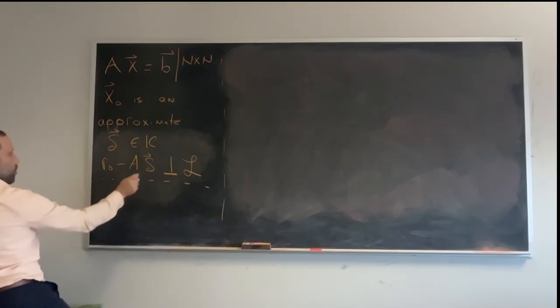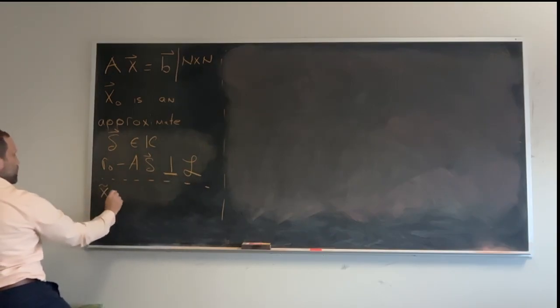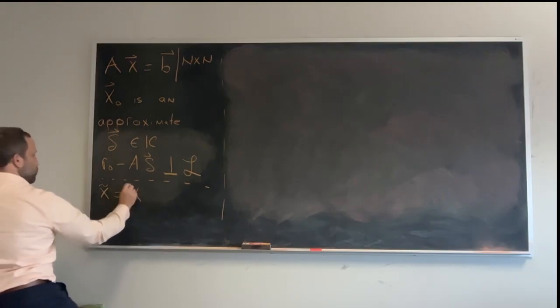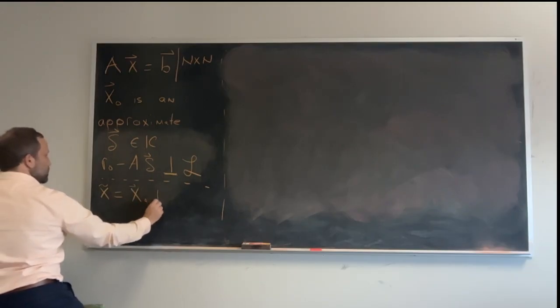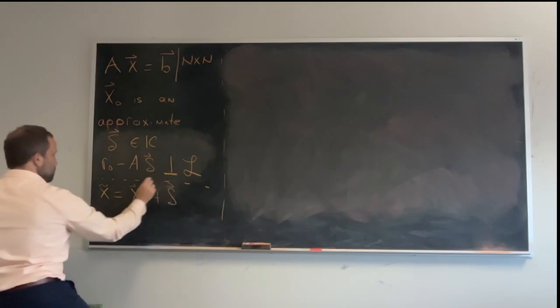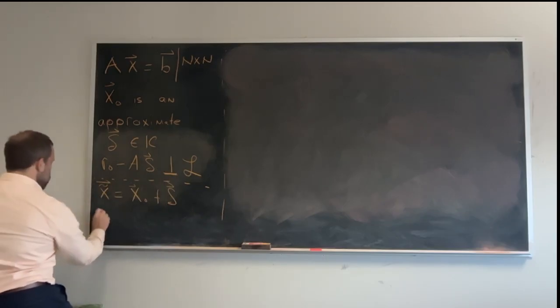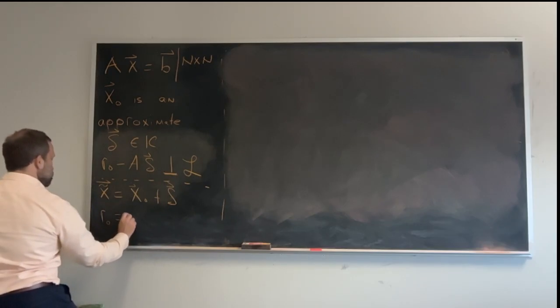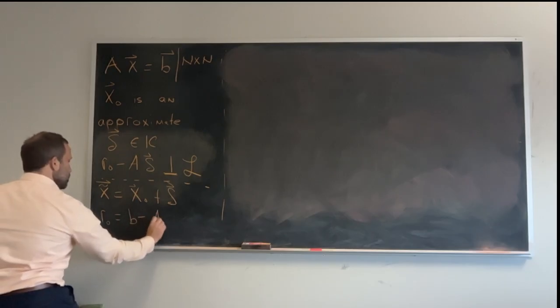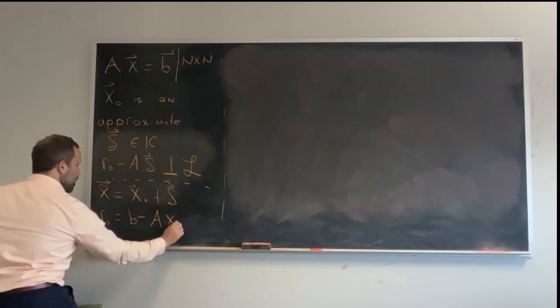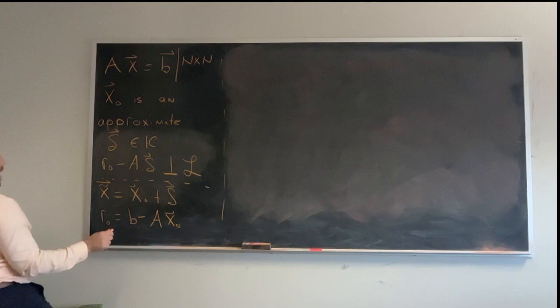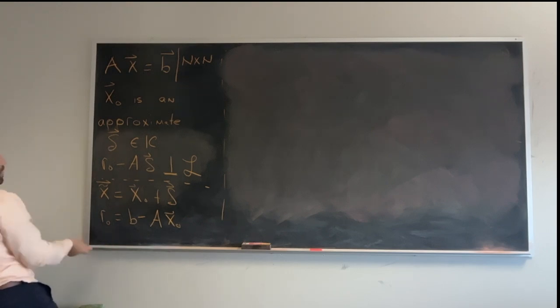Let me just remind you, what is x delta? Well, our updated approximation is going to be x tilde, which is equal to x naught plus delta. And R0 is equal to b minus A x0. So this is a procedure that we can do.